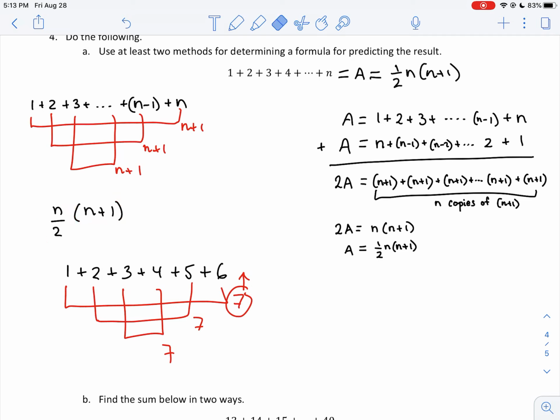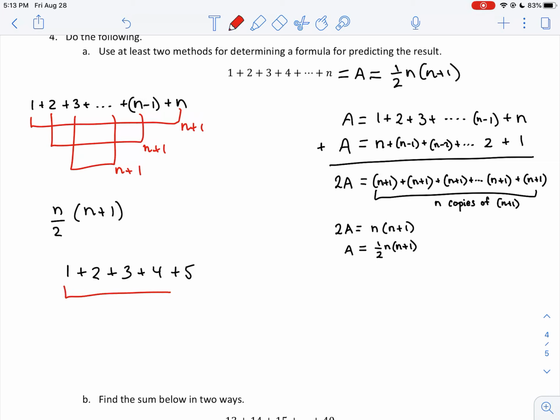Now, the nice thing about this formula here is that it works even if you have an odd number. Like let's say we do it this way. Add 1 and 5, we get 6. Add 2 and 4, we get 6. And then we have 3. So I couldn't pair them off entirely because one number was odd man out.